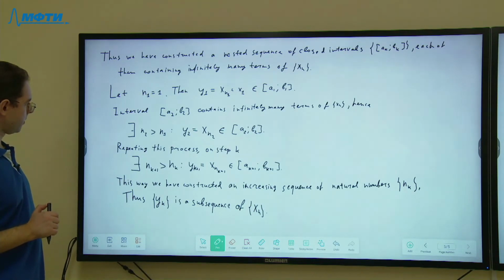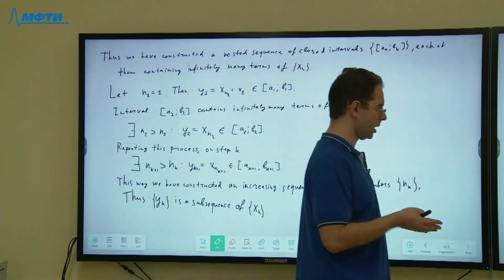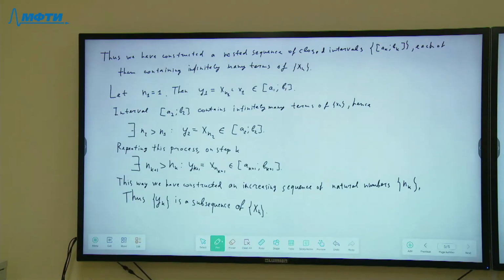Okay, good enough. So we have constructed a subsequence, and now I'm going to prove that this subsequence is convergent.